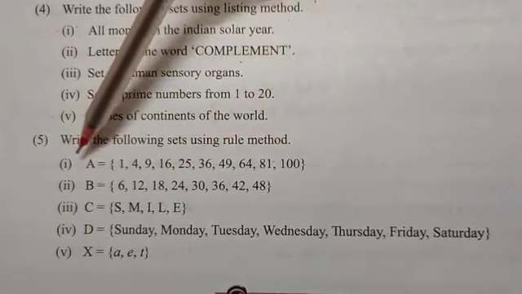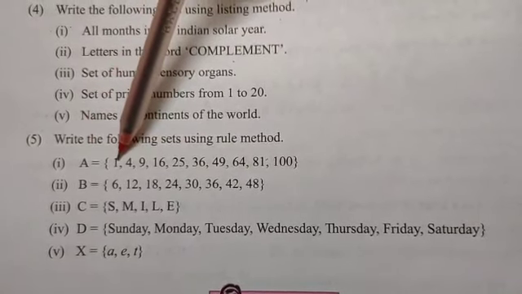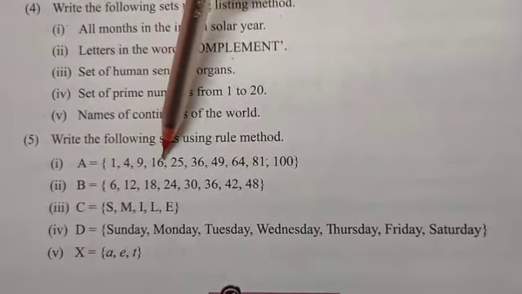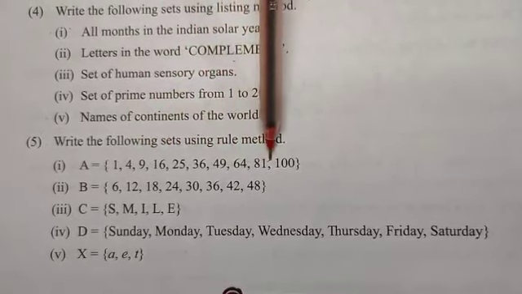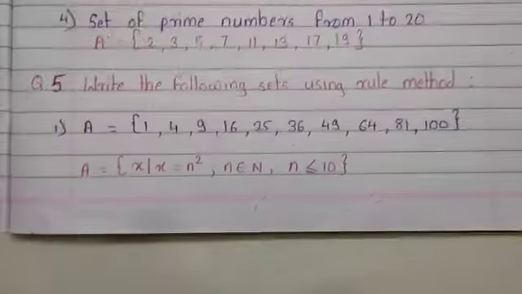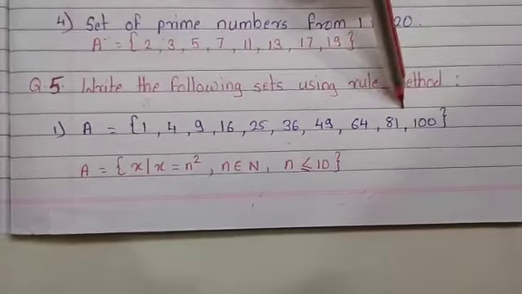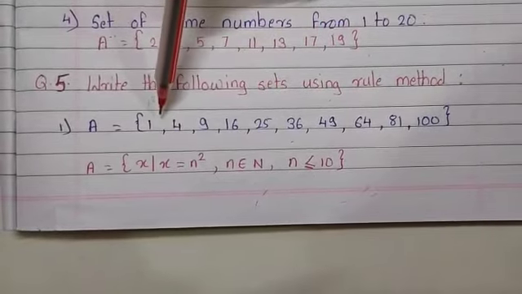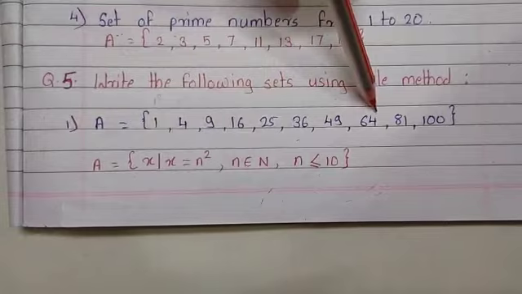First question is set A, which contains elements 1, 4, 9, 16, 25, 36, 49, 64, 81, 100. Now here I have solved this question. What we have to do is search for the connection between all the elements.